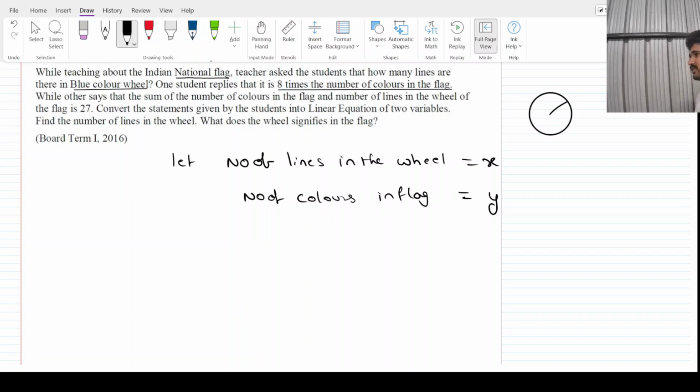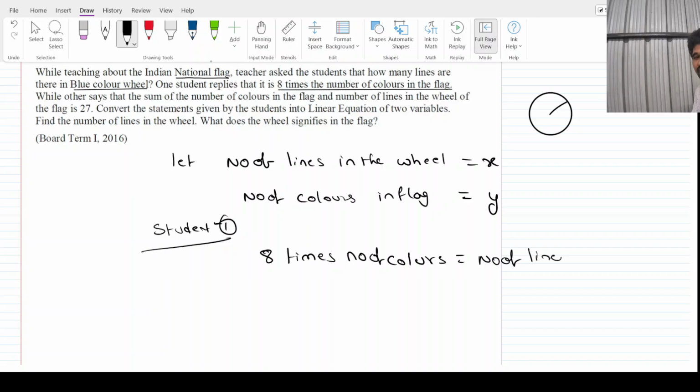Correct? What did one student say? 8 times the number of colors. Student 1, what did he say? 8 times the number of colors is equal to the number of lines in the wheel. Correct? So 8y equal to x.